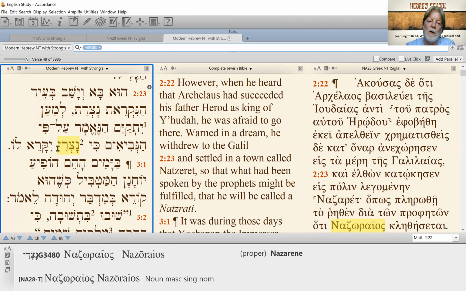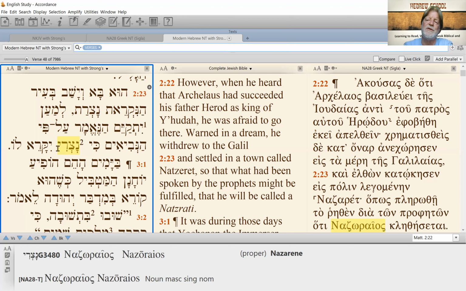The Nazarenes were a branch group of another sect, a very similar sect, called the Essenes. The Essenes are famous for being the people who wrote and hid and have provided us with the Dead Sea Scrolls. They lived in many places around the Promised Land, but they're best known for their community at Qumran, where the Dead Sea Scrolls were discovered.